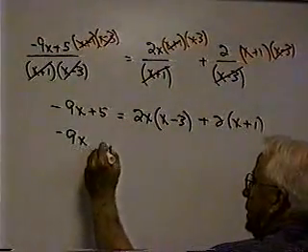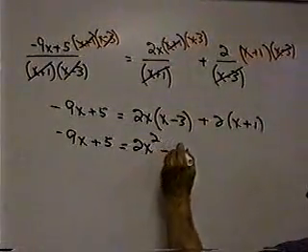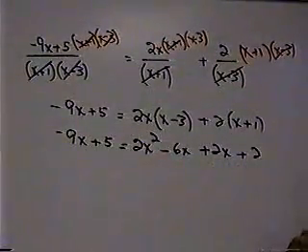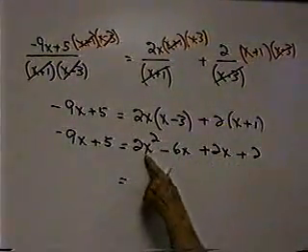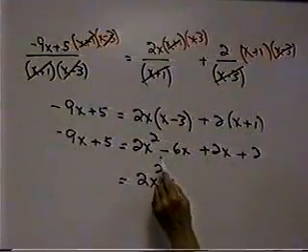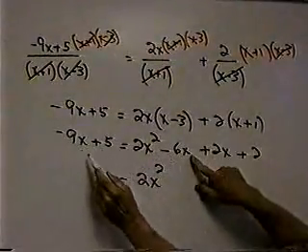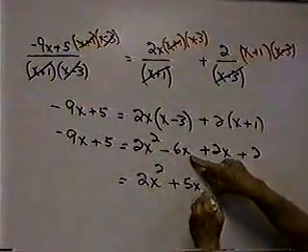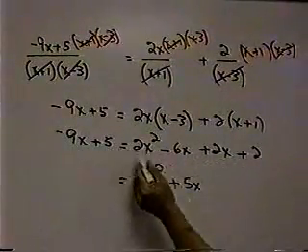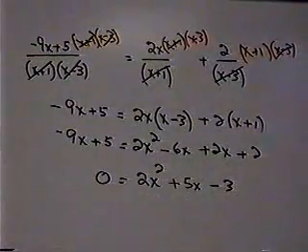So minus 9x plus 5, 2x squared minus 6x plus 2x plus 2. We have a quadratic, so therefore we get everything on one side equal to 0. So leave that there and have a minus 4x and plus, so that's a plus 5x when I move this across. And then I have the 5, move it across, set it equal to 0.